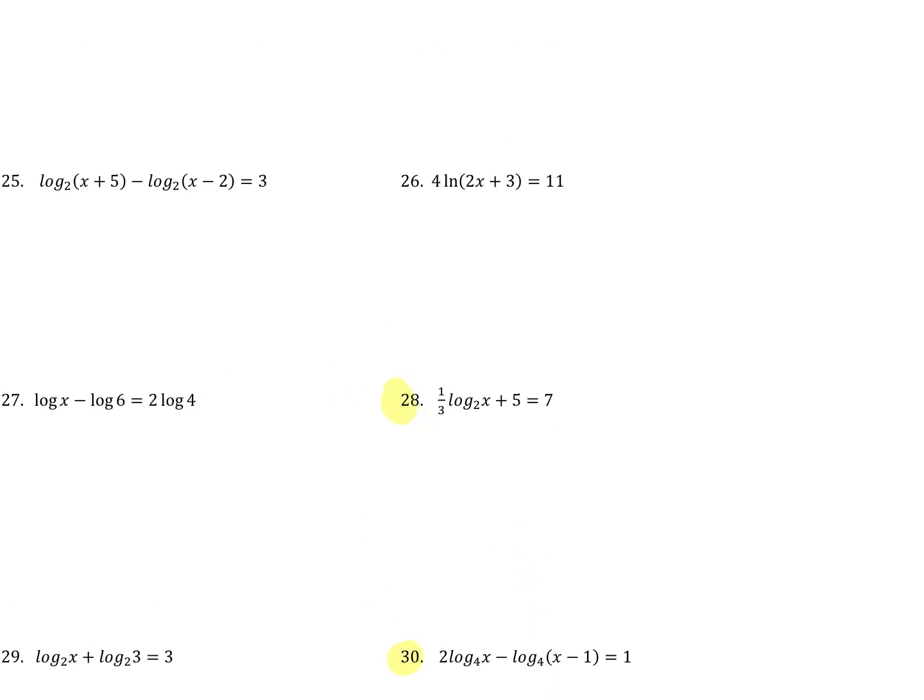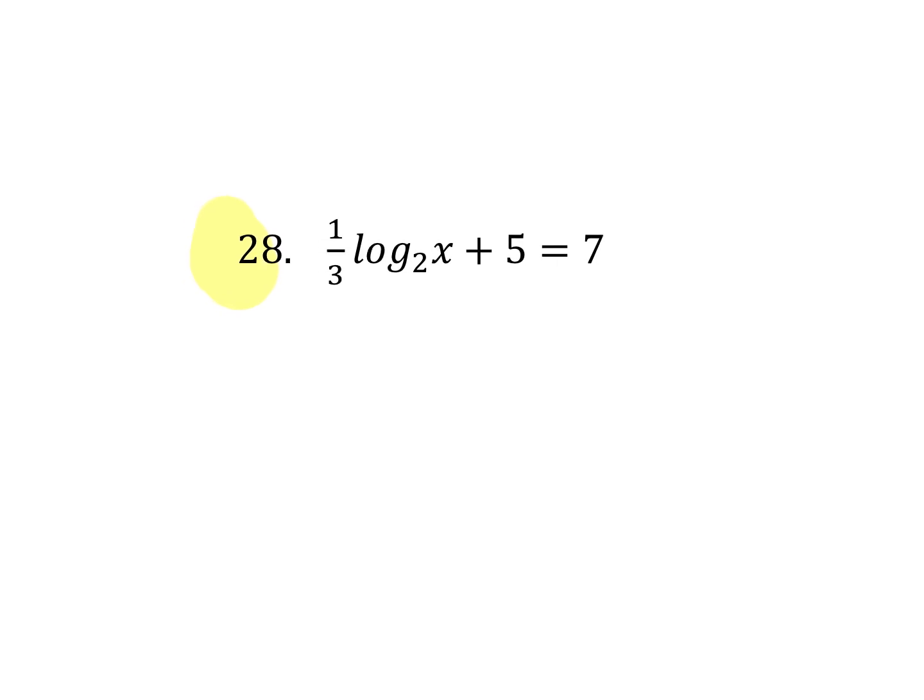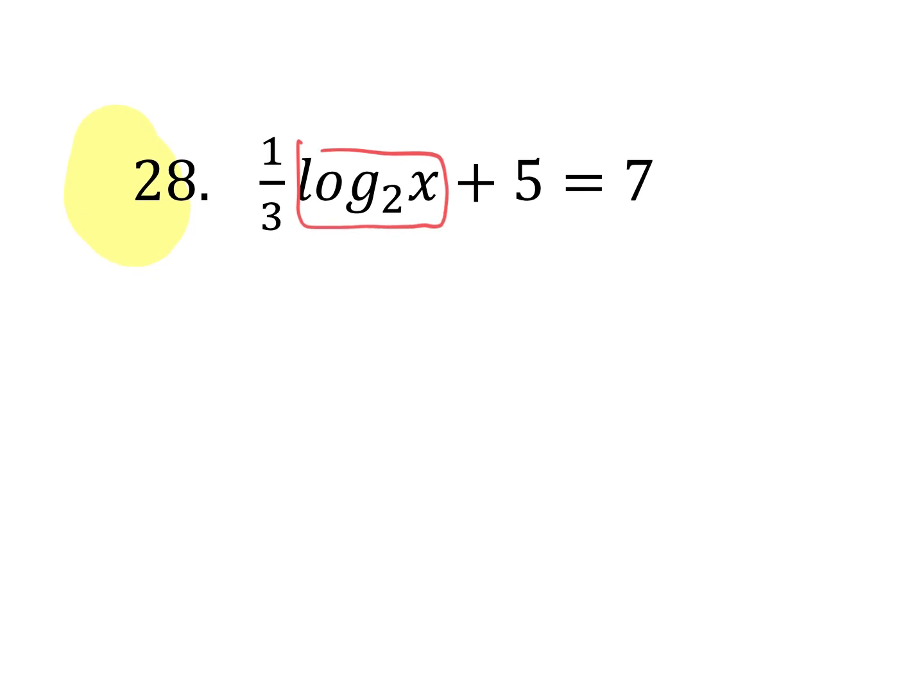So let's look at 28. So we want to get the log all by itself here. What would we need to do first? Subtract 5. So 1/3 log base 2 of x equals 2.